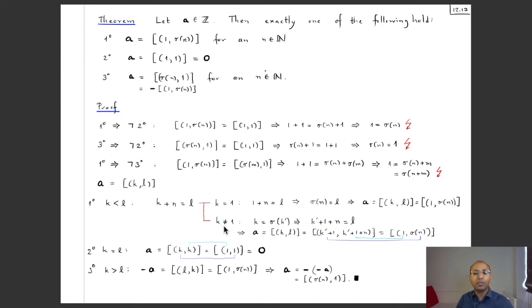Now let's suppose that K is not equal to 1. In that case, we know this theorem which says that every natural number not equal to 1 has a predecessor. In other words, this natural number is the successor of something. So this K, being not equal to 1, is the successor of some natural number K prime.